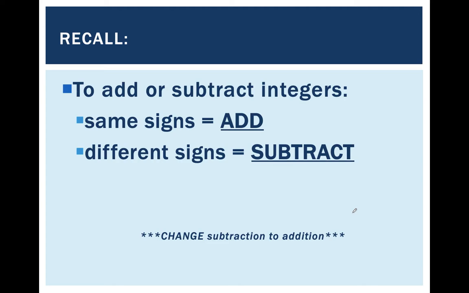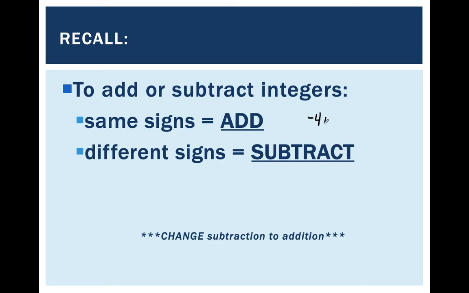We talked about rules like same signs add and keep the sign, and different signs subtract and take the sign of the bigger number. These rules apply to fractions as well.